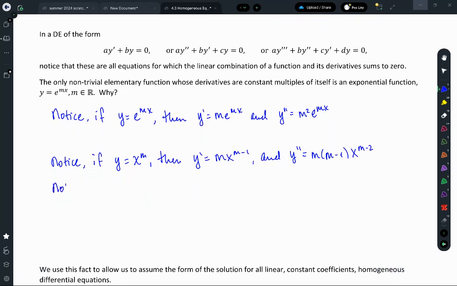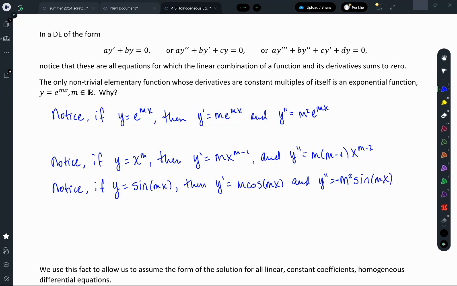Another would be, notice if y equals, I don't know, sine of mx. Well, then y prime would equal m cosine of mx, and y double prime would equal negative m squared sine of mx. And so if we tried to get a linear combination of these and get it to add up to 0, that wouldn't work either. The y and the y double prime are like terms.